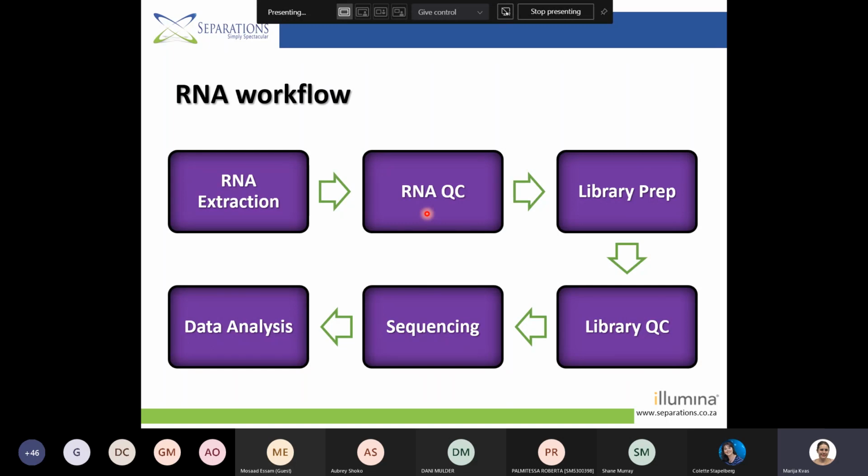And we also want to have it DNA treated, right, so that it doesn't interfere going forward into the library prep. And like you noticed, depending on what is our biological question, right, if we are interested in just coding or both coding and non-coding transcripts, we will choose a library prep, and we will go into a little bit more depth there. Obviously, once we have the library, we want to make sure that it's a correct size, that it looks good before we go into sequencing and data analysis.